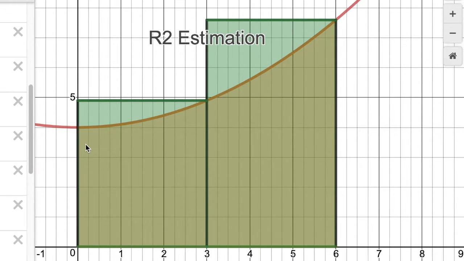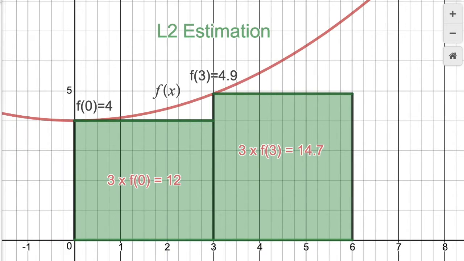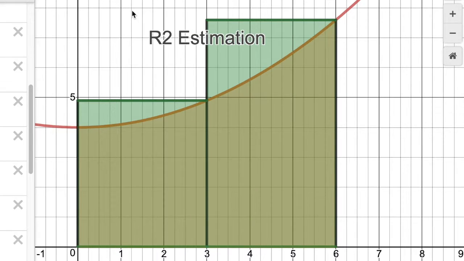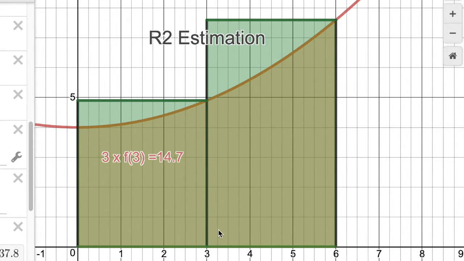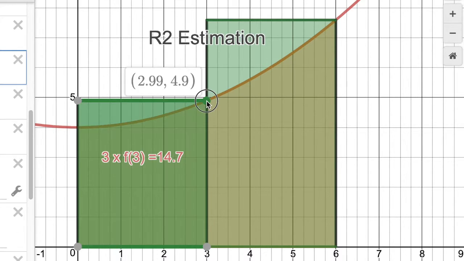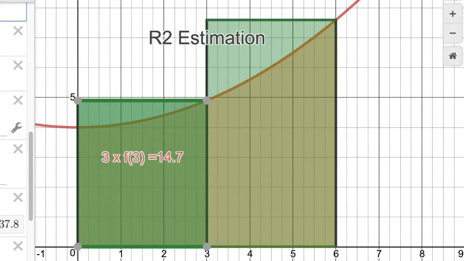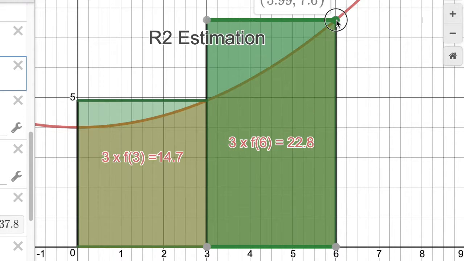Now the actual area is somewhere essentially between my lower bound, which I found in the last one, which is 26.7, and my upper sum, which would be this one. So let's approximate this one here, right? So this rectangle will be 3 times, this time we're using the right hand endpoint, so f of 3 is 4.9. And we also have this one here, which is 3 times f of 6, because that's my right hand endpoint.